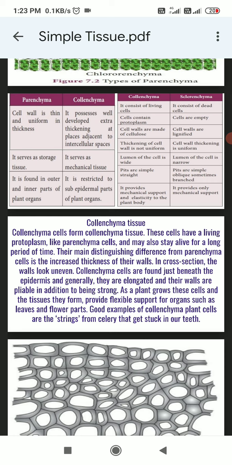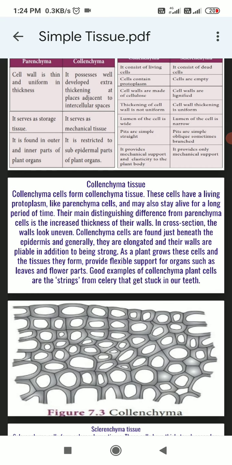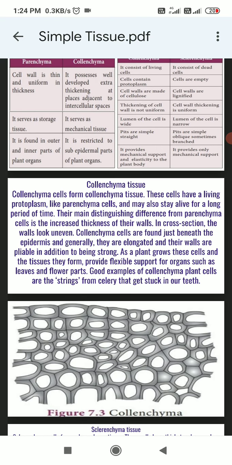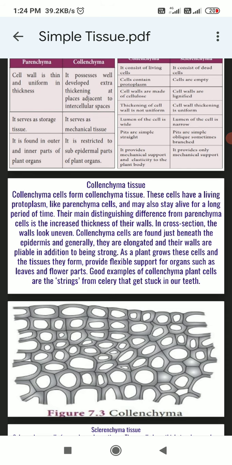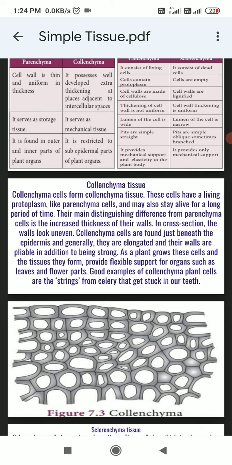Then collenchyma tissue means the initial cells of collenchyma which form the collenchyma tissues. These cells have living protoplasm like parenchyma cells and may also stay alive for a long period of time. Their main distinguishing difference from parenchyma cells is the increased thickness of their cell wall.